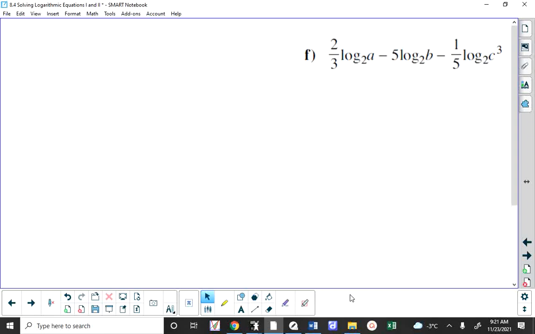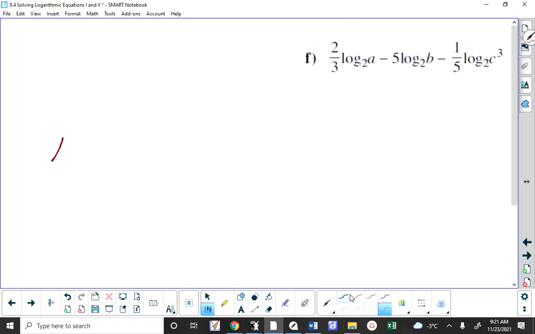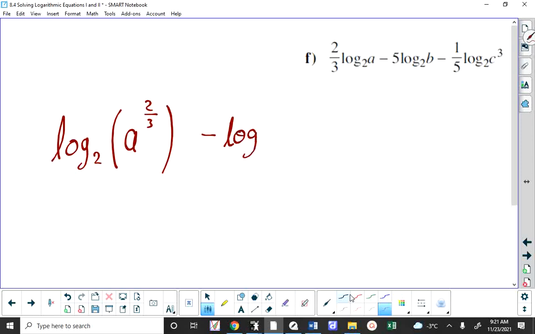Before I do, I'm going to use the power law and write this as log base 2 of A to the 2/3. So any coefficient can be written as the exponent on the power of the logarithm, or vice versa. I'm going to write the second piece as negative log base 2 of B to the 5.